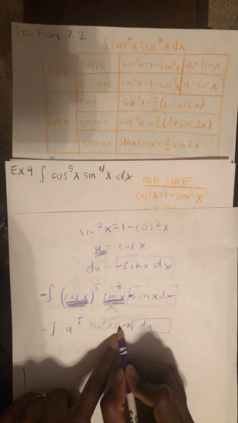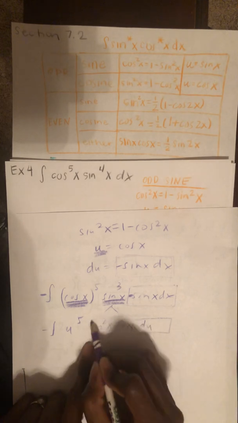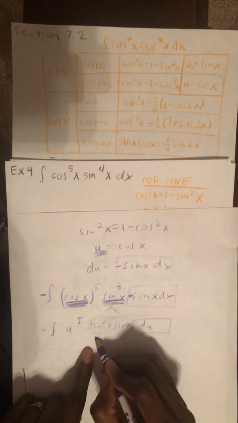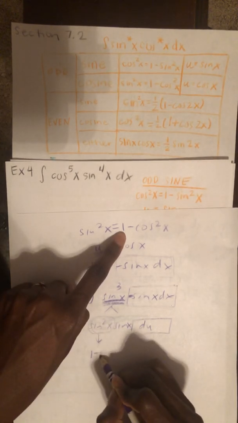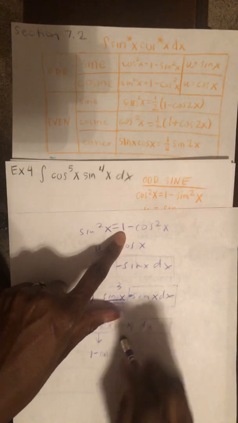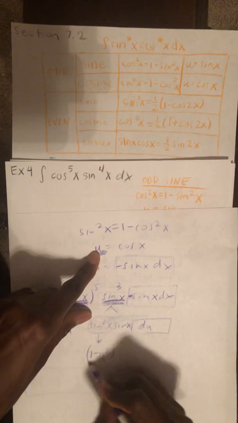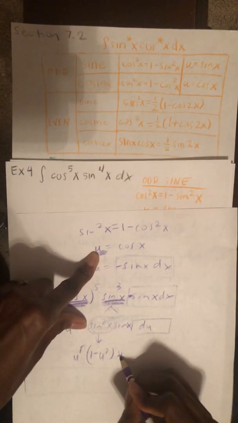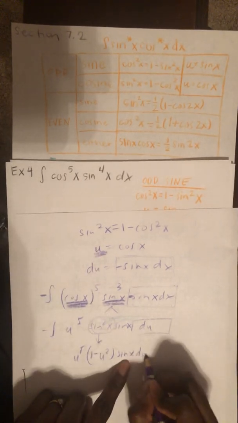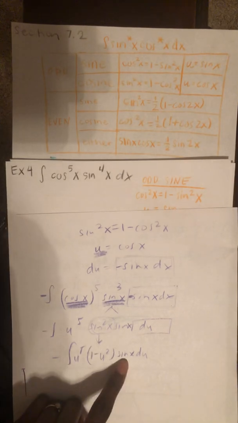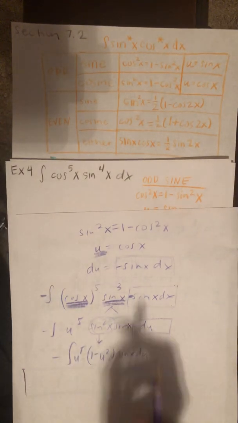So now we could change this sine squared to 1 minus cosine squared, and cosine is u, so that'd be u squared. But we still have this sine x. So I think that's where the issue really comes in. Right, so that's why we couldn't use this way.